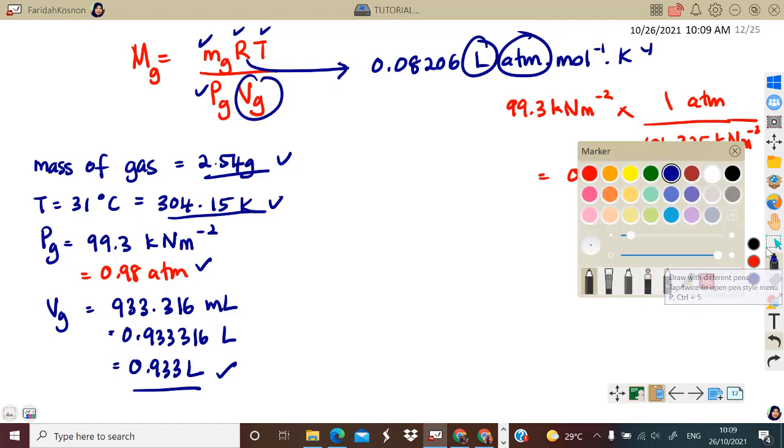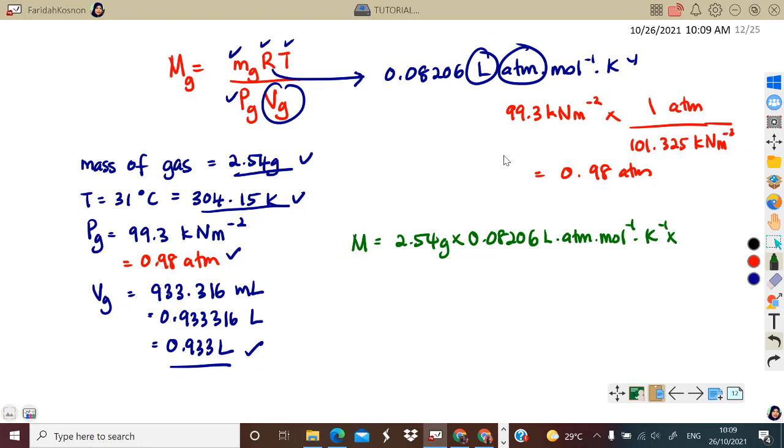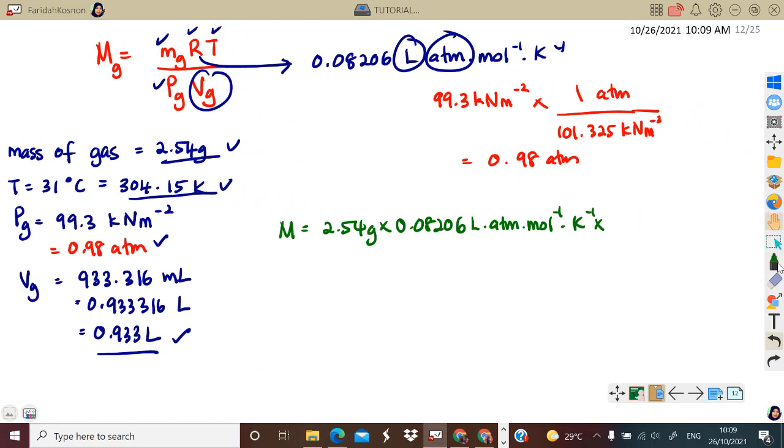Now we substitute. Molar mass equals 2.54 grams times 0.08206 litre atm per mol per Kelvin, times the temperature. The temperature in Kelvin is 304.15 Kelvin.